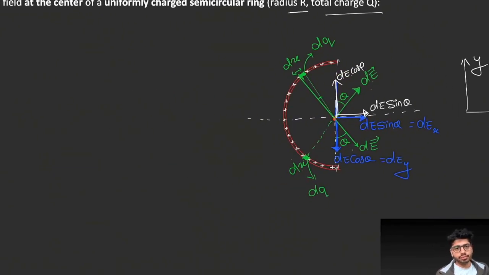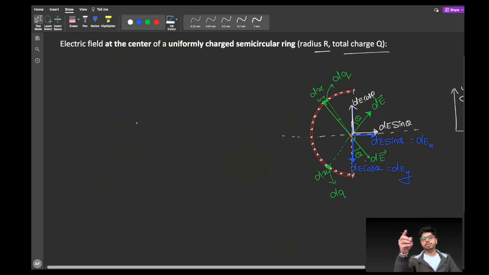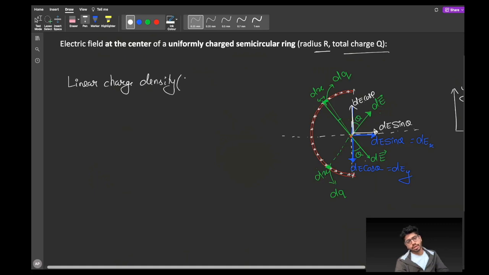So for this, when the charge is distributed continuously along the length, we define the linear charge density. I have to define the charge density first. That is defined with lambda, and that is dq by dl, where dl is the dx element that we have right now.